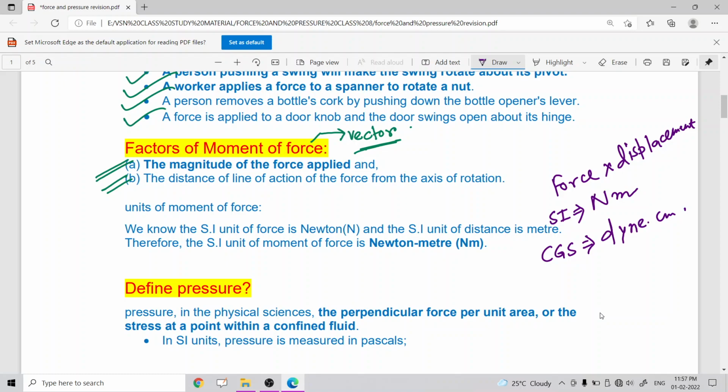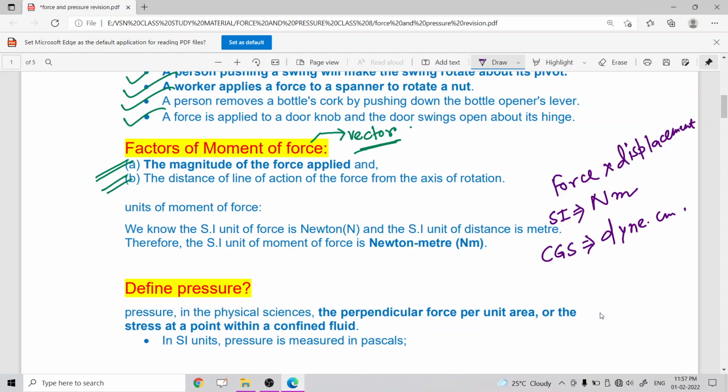Here for work also, you can take work is equal to force into displacement. Now what is the difference between work and moment of force? Work is a scalar quantity, whereas moment of force is a vector quantity.